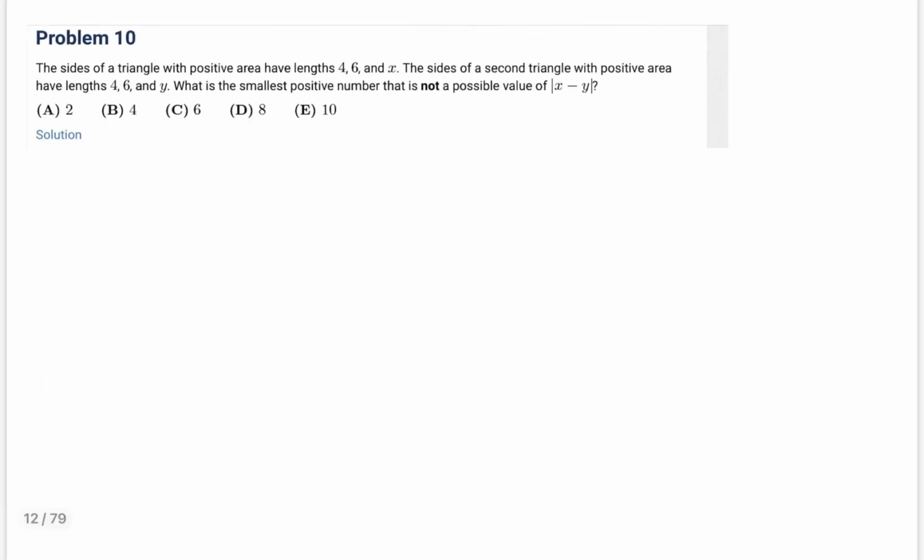Number 10, the sides of a triangle with positive area have length 4, 6, and x. The second triangle with positive area has sides 4, 6, and y. What is the smallest positive number that is not a possible value of the absolute value of x minus y? Okay, so let's just say that x has to be bigger than y.